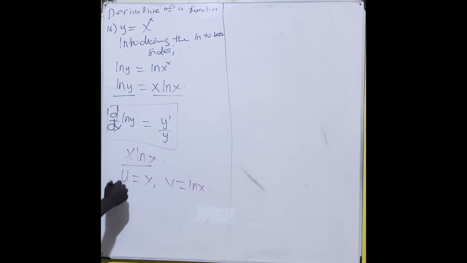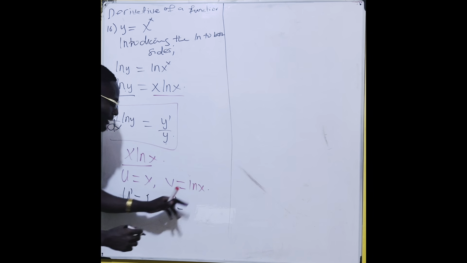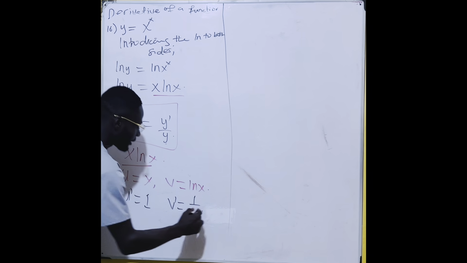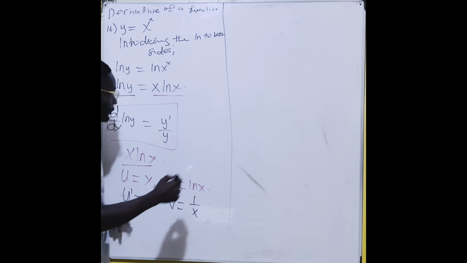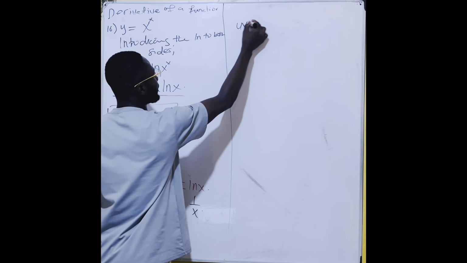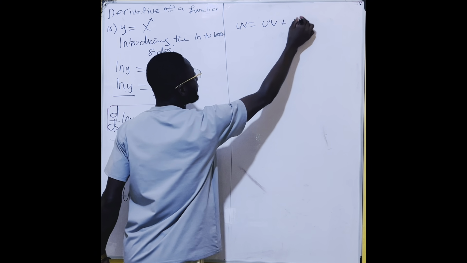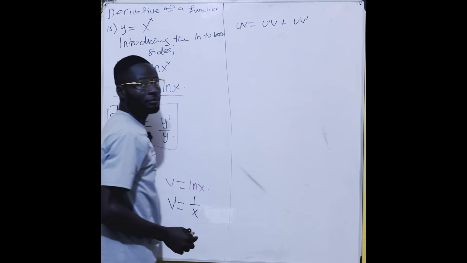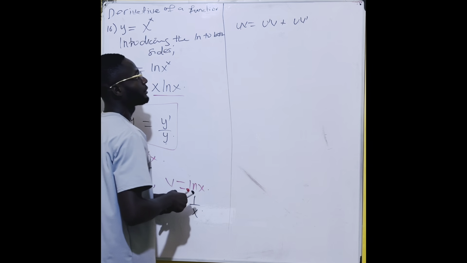It means that our u prime will be 1 and our v prime, the derivative of ln x, is 1 over x. So we have all that we need. It means that we're going to have (uv)' equals u prime v plus u v prime, right? And our u prime is 1, right?